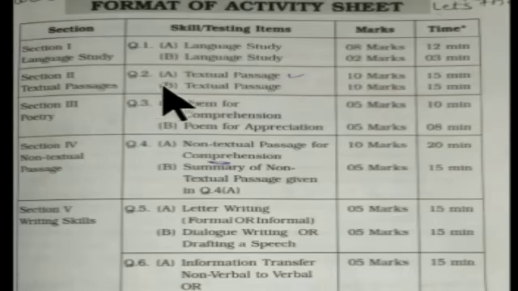Question number 2B is also a textual passage. This passage is also taken from your textbook. This question is also for 10 marks. In this question there are also 5 questions, B1 to B5. Each question is for 2 marks.